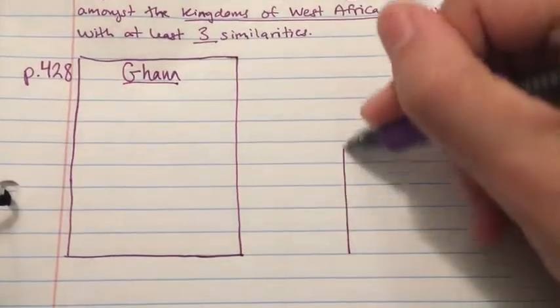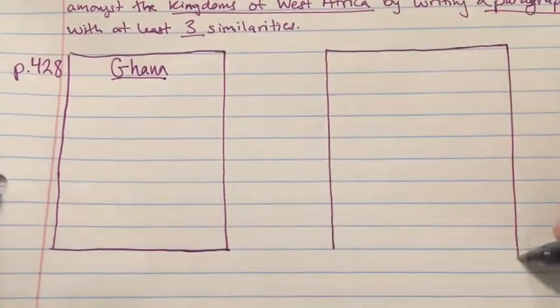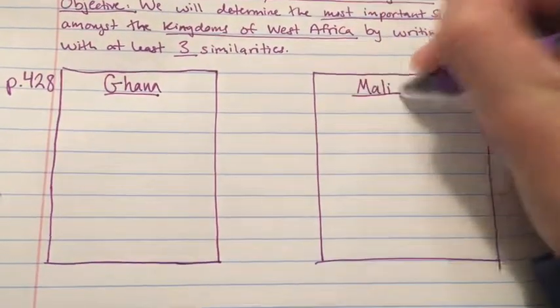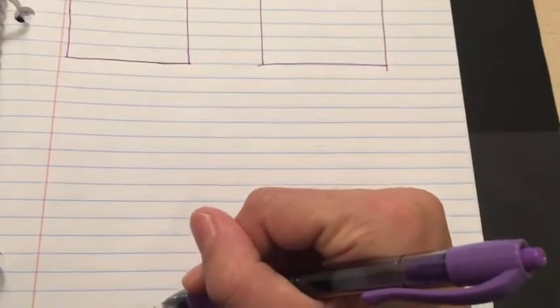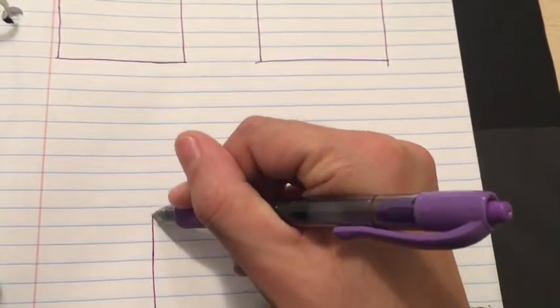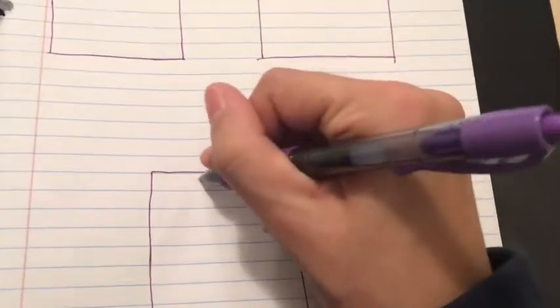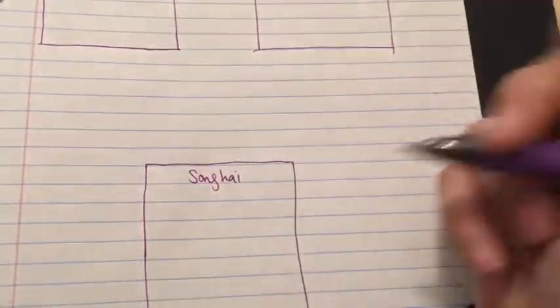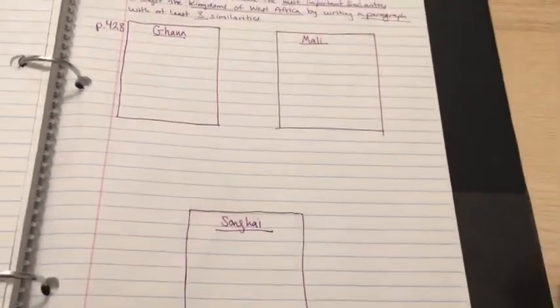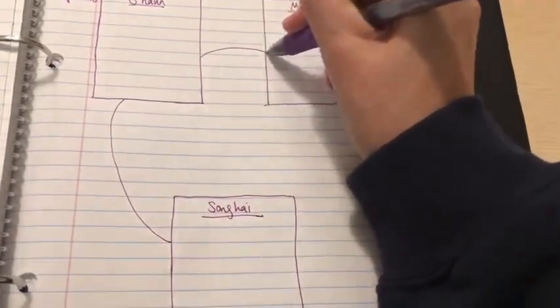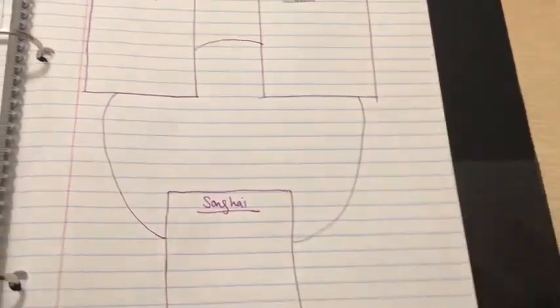We'll set up a box to take notes about Mali, and we can come down to the bottom of our page and take a box to take notes about Songhai. Okay. And because our goal is to think about the similarities, we also want to make sure we're drawing some space in the middle here to think about the similarities.